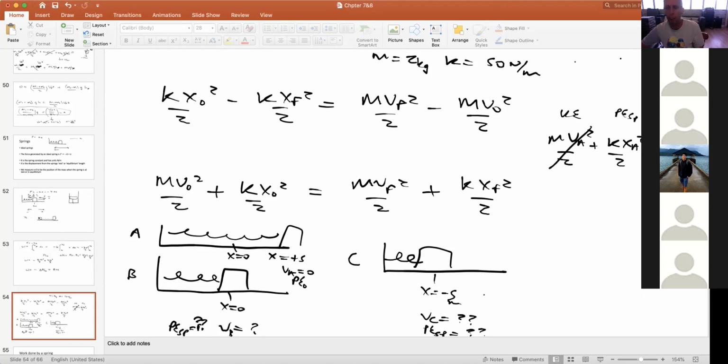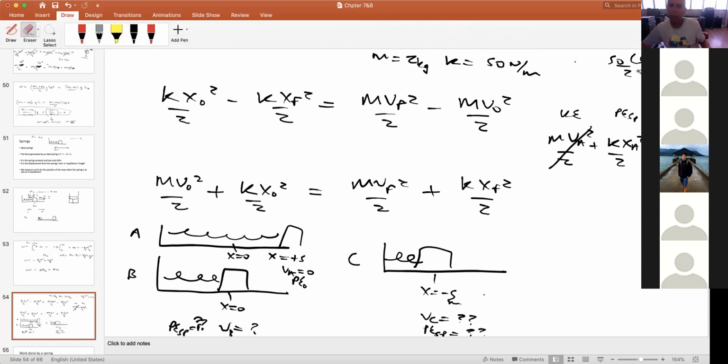It's all potential energy. k is 50, xA was 5 squared over 2. That's 25. Divided by 2, 25 times 25 is what? 625. There are 625 joules of potential energy stored in the spring before you release it. That potential energy is going to become all kinetic at B.